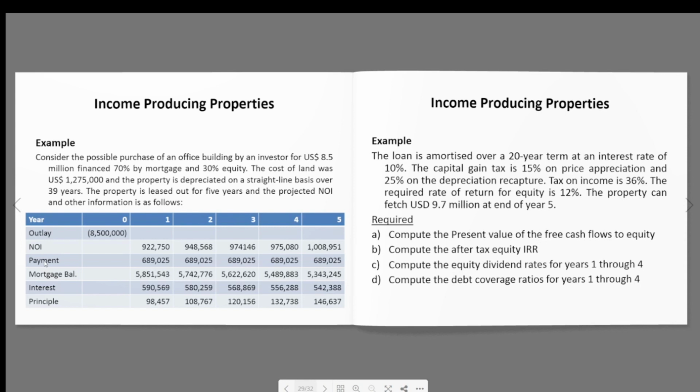For year 1, 689,025, all the way to the fifth year, where you have 689,025. Now with that payment, we also note the mortgage balance at the end of each year. And we also have your interest amount for each period and the principal amount.